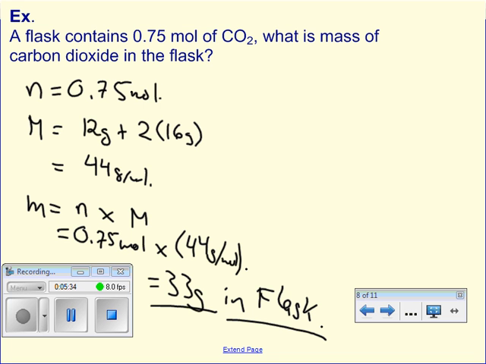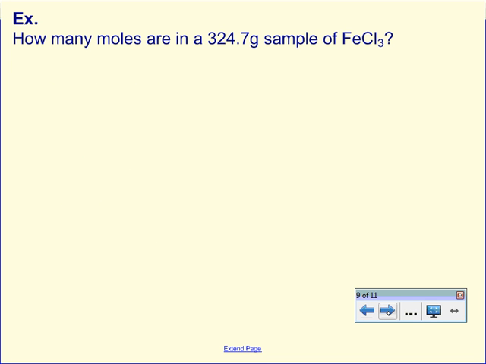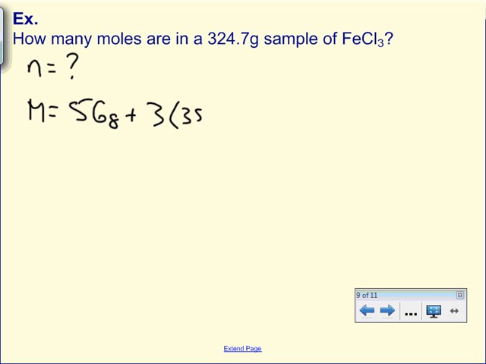Now let's try another example. How many moles are there in a 324.7 gram sample of iron chloride? So now I'm going to go backwards. I don't know the number of moles, but I do know the molar mass, or at least I can figure it out via my periodic table. So I have iron, which is 56 grams per mole, and I have 3 times chlorine, which is 35.5 grams per mole. That's going to give me a grand total of 56 plus 106.5, which is 162.5 grams per mole.